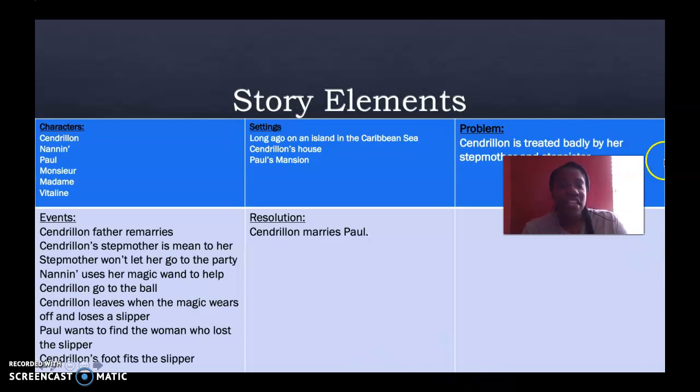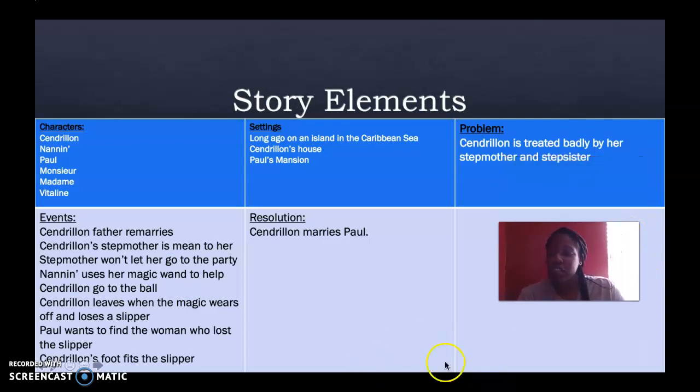All right, so yesterday your goal was to tell me what the problem and the solution in the story was. And I'm going to briefly go over the characters in the story and the setting. We know that our main character was Cendrillon, and our setting was long ago on an island at Cendrillon's house and Paul's mansion.